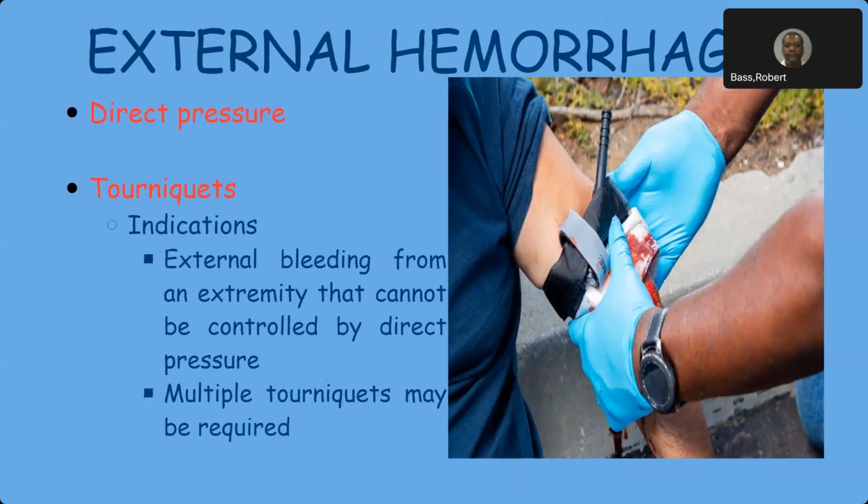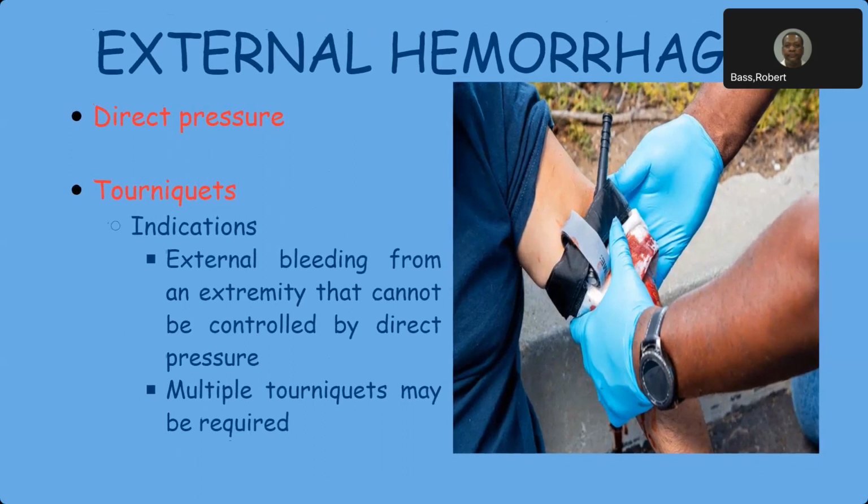All right, so when it comes to bleeding, we've got two different types of bleeds that we are able to identify. We've got external bleeding that we can see and we can hopefully control. With external bleeding, we can see this blood loss.